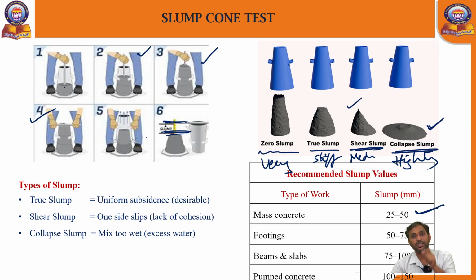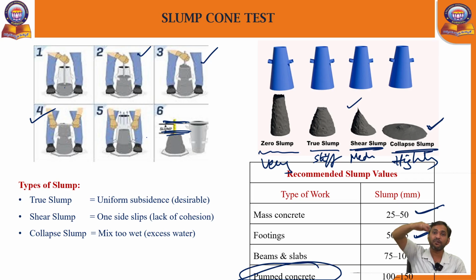If the range is between 50 mm and 75 mm, the concrete can be used for footings. If the range is between 75 mm and 100 mm, the concrete is used for beams and columns. If the slump value is 100 mm to 150 mm, then it is useful for pumped concrete, lifted through pumps.